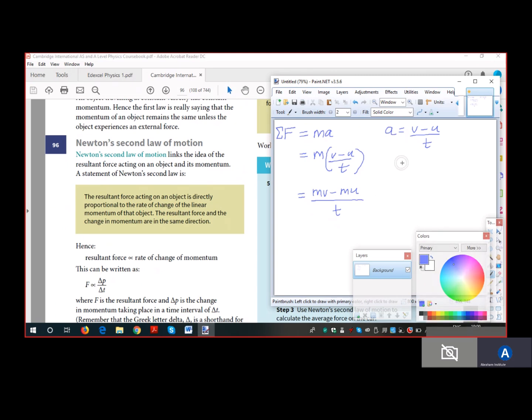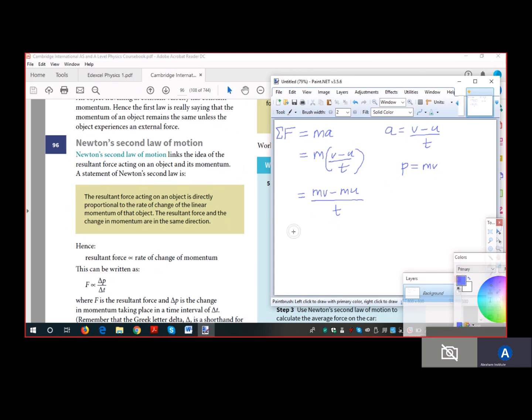You would also have learned about momentum in the O-level class. Momentum is mass times velocity. So mv is the mass times the final velocity, therefore this will be the final momentum. I can use the letter F for final and write P_F.